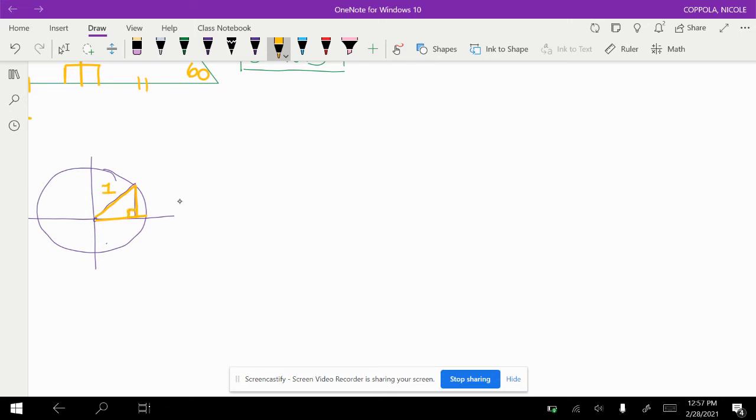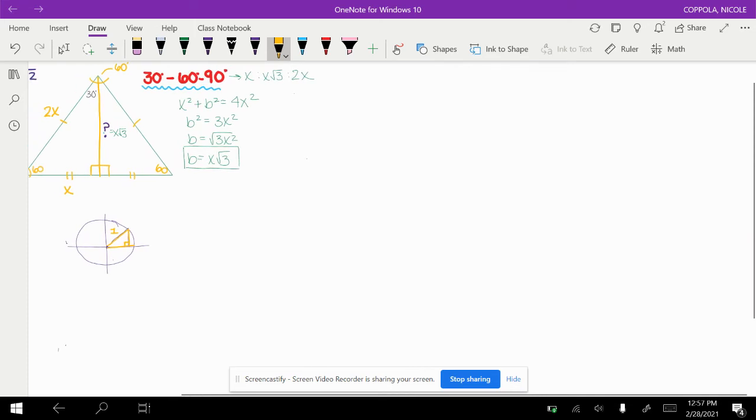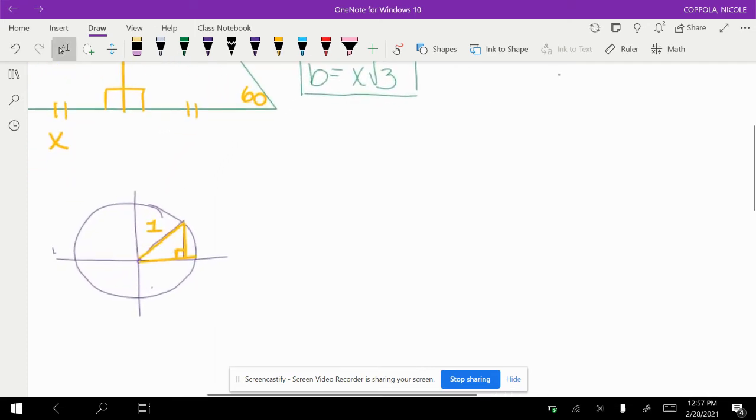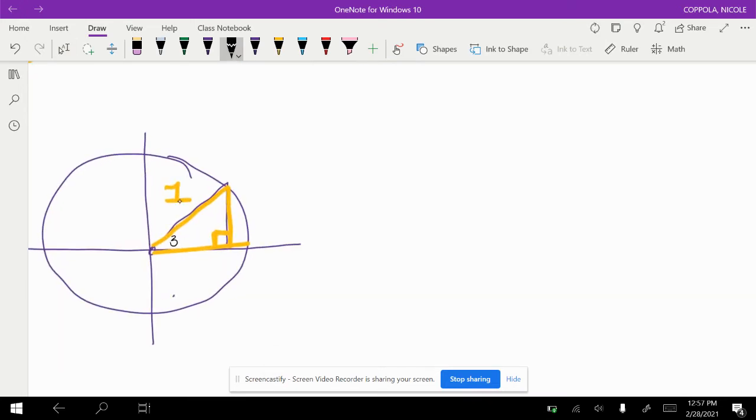And then we've got our 90. So now all I have to do, guys, is generate the other sides. I'm going to say that this is my 30-degree angle, and I could get the other side lengths.